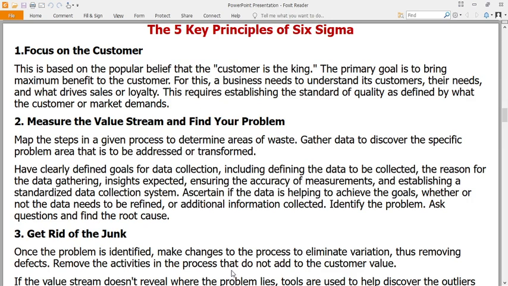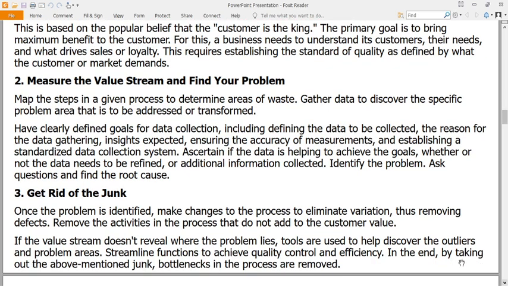And therefore, in so doing, you gather data to discover specific problems that need to be addressed or transformed. Then get rid of the junk. So after you've mapped, you're able to identify the problem and make changes to eliminate it at that level.